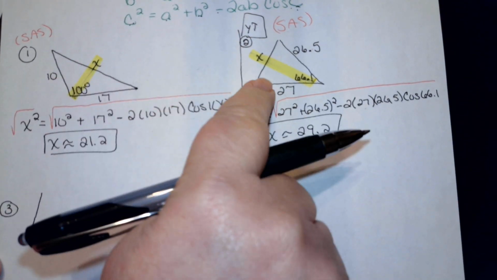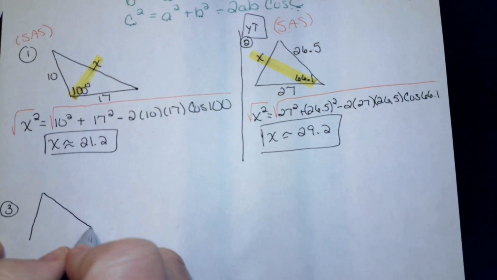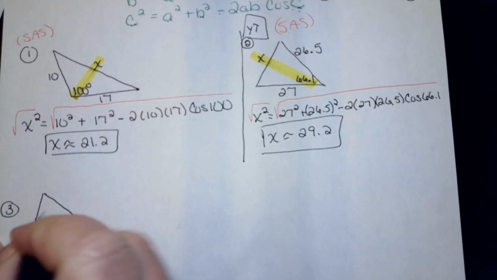Now, in number 1 and 2, we were looking for the sides. So let's see what happens if we look for the angle.